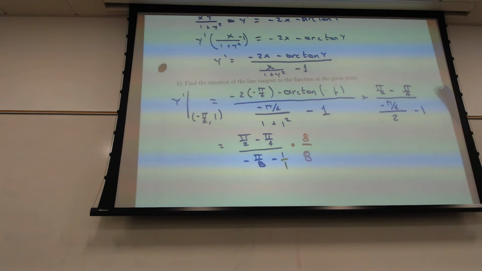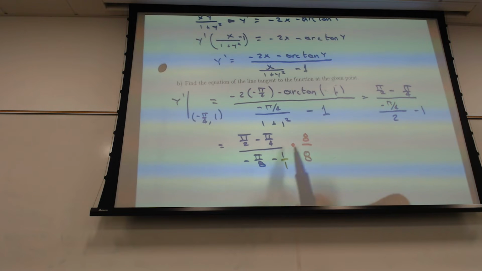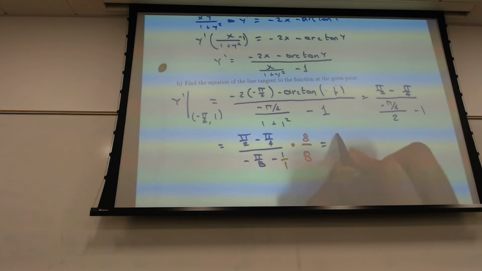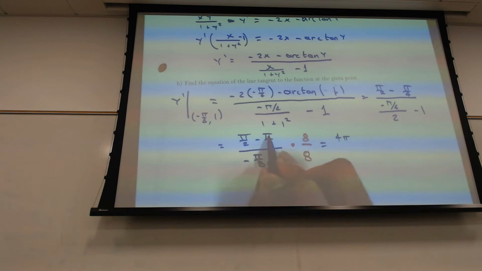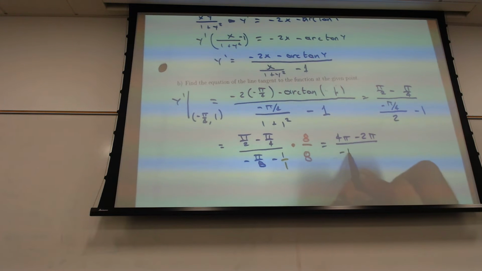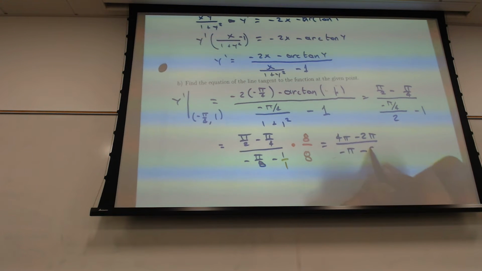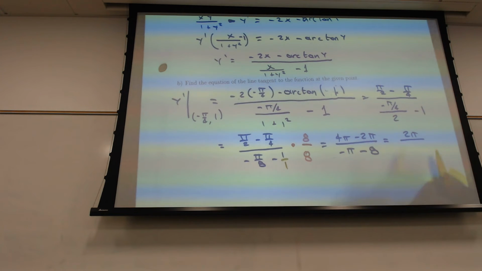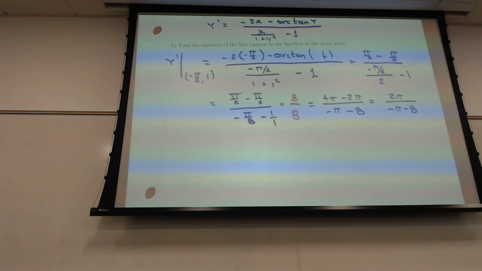So when we do that, 8 times pi over 2 is 4 pi. 8 times pi over 4 is 2 pi. And then the 8's cancel, negative pi minus 8. And that's going to be 2 pi over negative pi minus 8. And yes, I know it didn't simplify a lot, but it looked at least a lot nicer than that complex fraction.